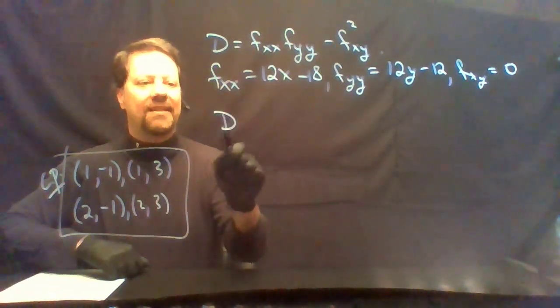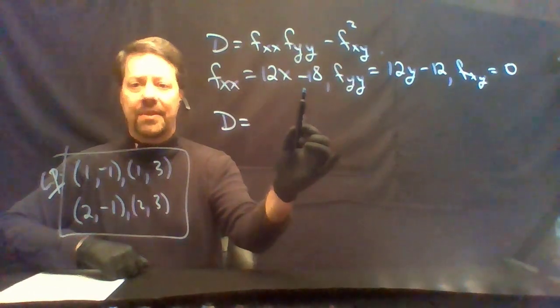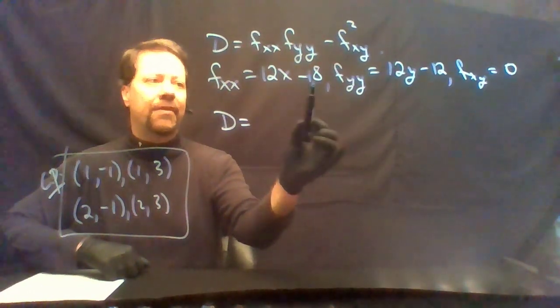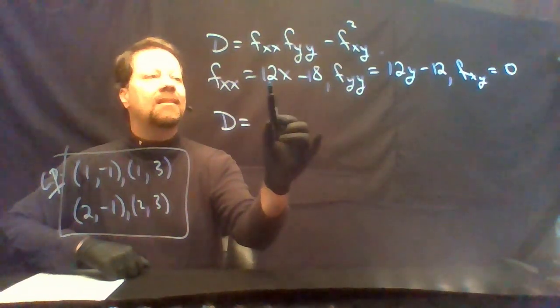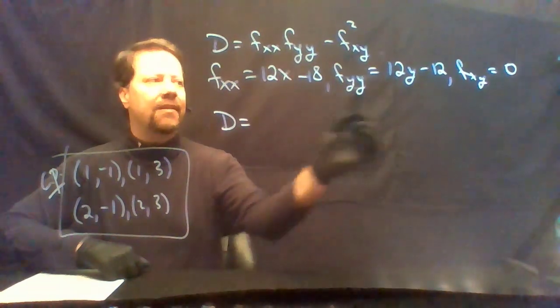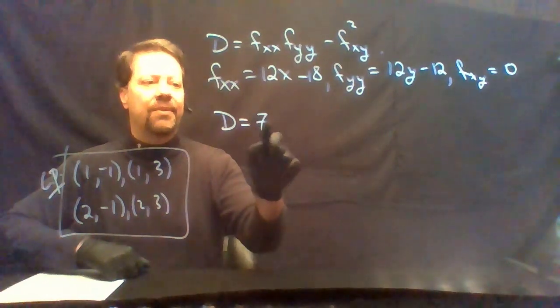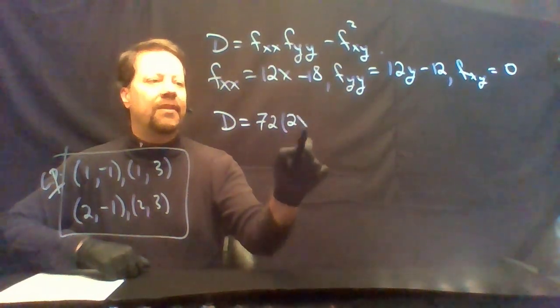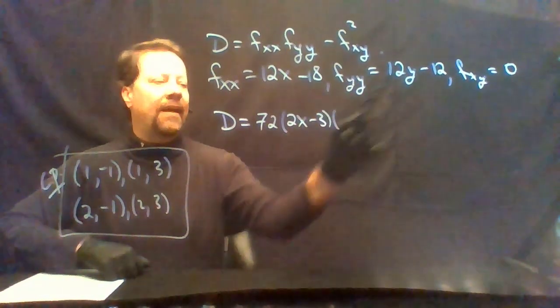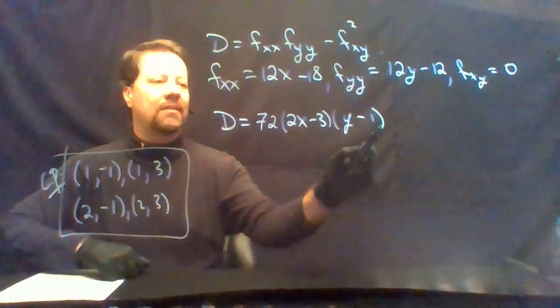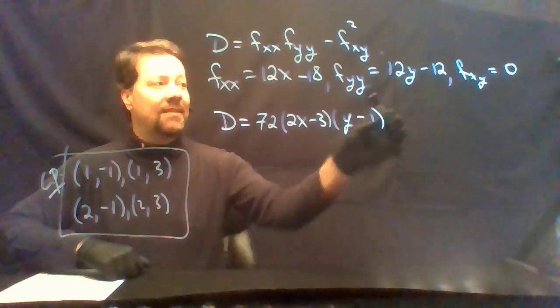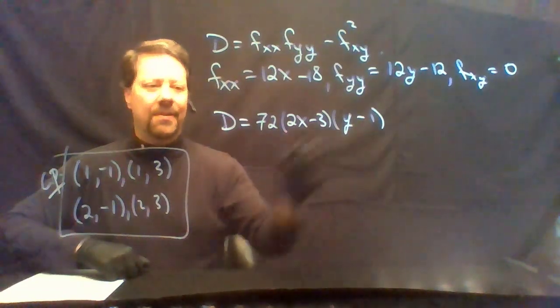The discriminant is then, and for purposes of our calculations, it might be easier if we factor these as much as we can. A 6 can come out of here and a 12 out of here. 6 times 12 is 72. We'll have 2x minus 3 and y minus 1. Minus 0 squared, of course.